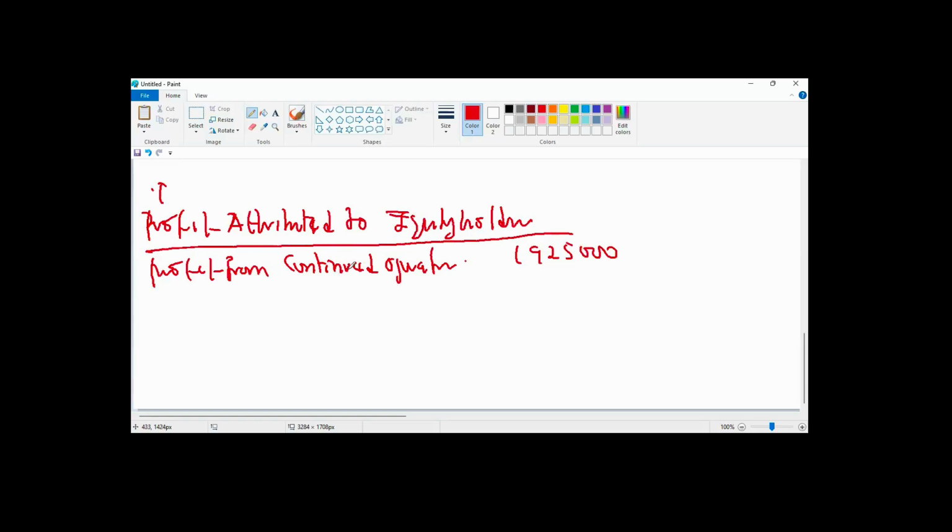Then there is the non-controlling interest profit, which I will deduct.